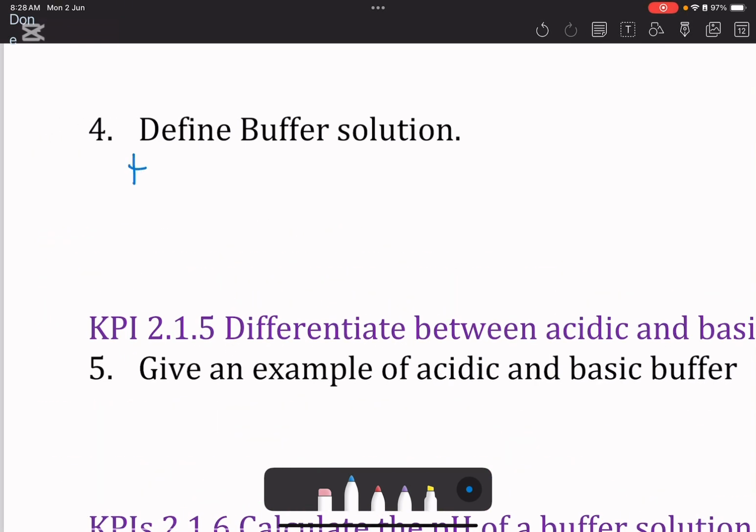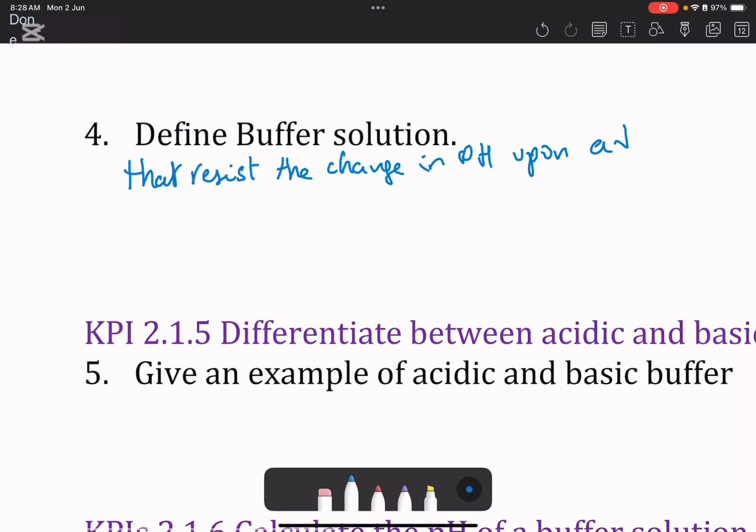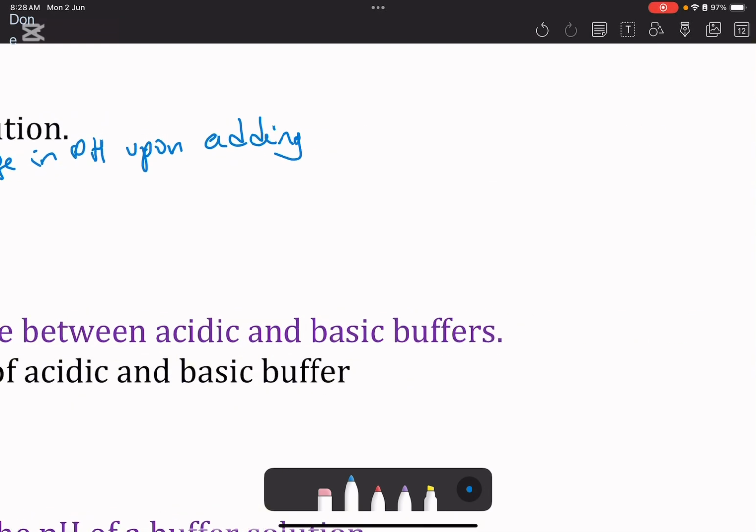So I'm going to write this as a substance that resists the change in pH upon adding a small amount. Of course, we're not talking about a large volume of acid or base added. It's just a few milliliters. A small amount of a strong acid.